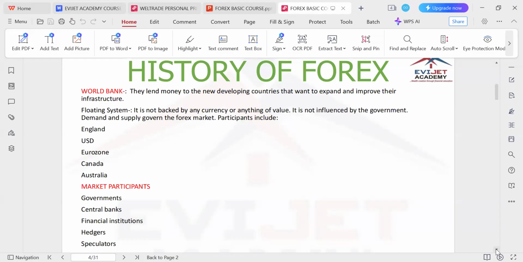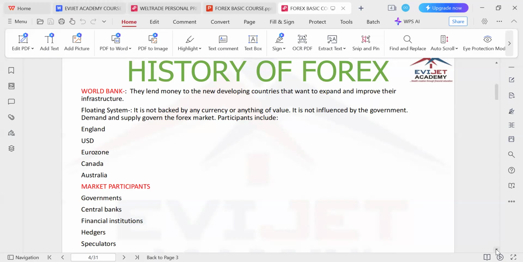So the floating system is the Forex market, right? Participants include England, which is GBP, the USA, which is the USD, the Eurozone, which uses the Euro, Canada, which is the Canadian dollar, and Australia, the AUD, Australian dollar.